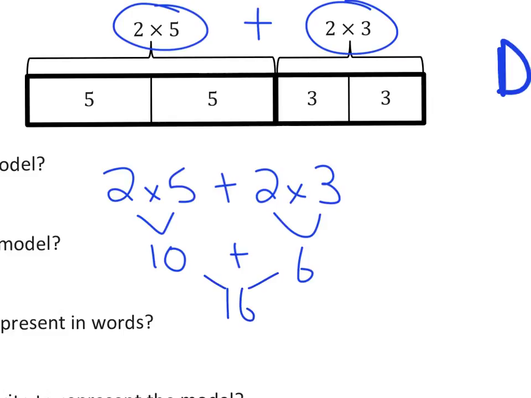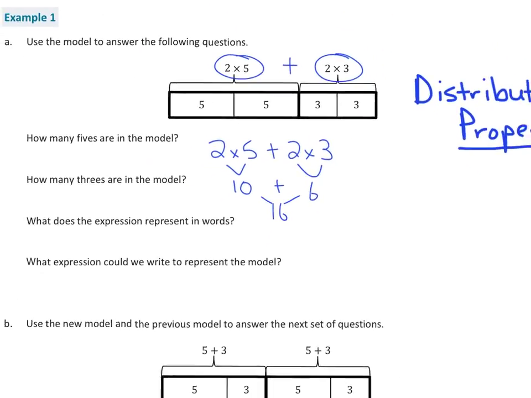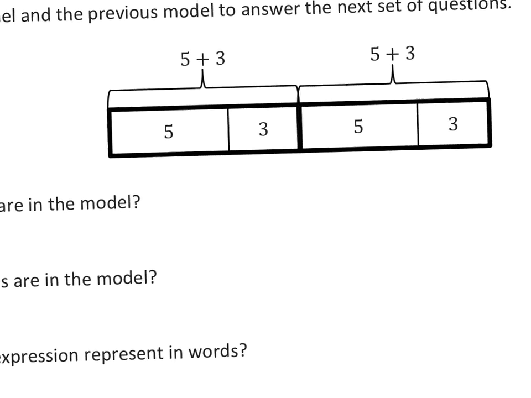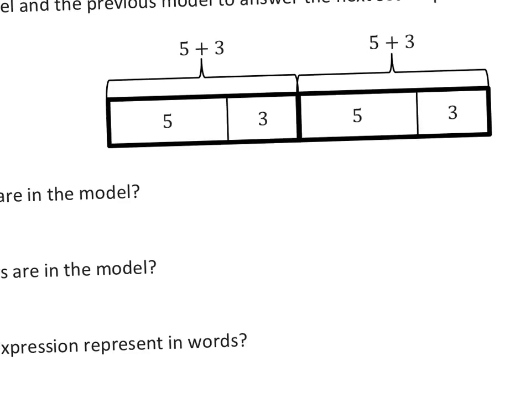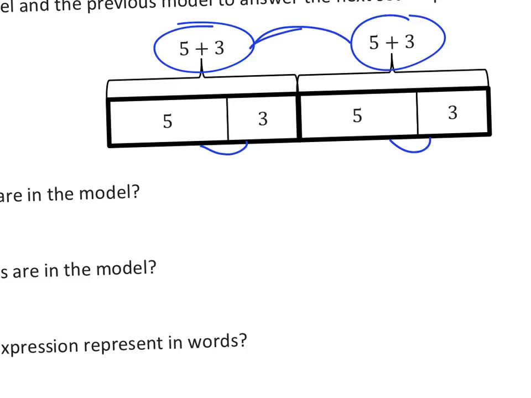So let's see if our other model gives us that same amount. So we come down here, we look at this. Now I don't see multiplication up top, I see 5 plus 3, because I have 5 and 3, and 5 plus 3. So what I notice is I have two groups of 5 and 3. Aren't these the same thing, right? It's two of them. So I can write that as two groups of 5 plus 3.